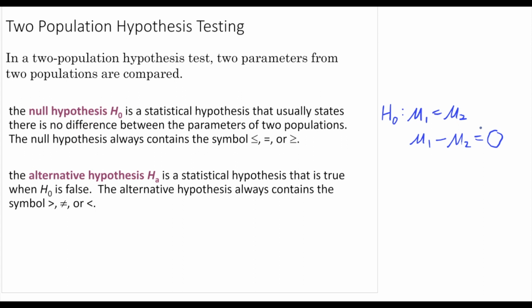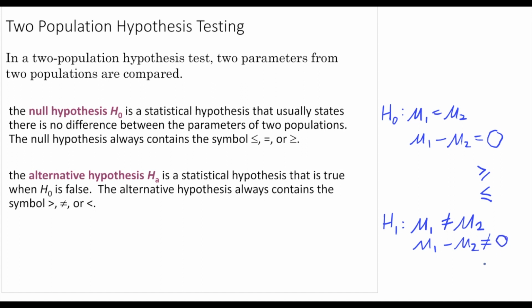Similarly, the equal sign could also, depending on the question, be greater or equal to or less or equal to. And the alternative hypothesis would normally test that there is a difference between mu1 and mu2, or that mu1 is not equal to mu2. We could also rewrite this as mu1 minus mu2 is not equal to 0.